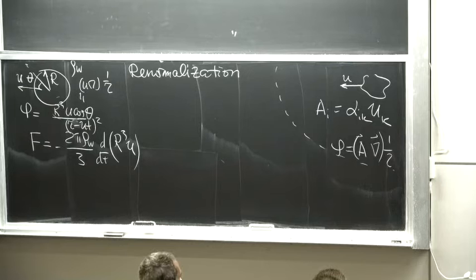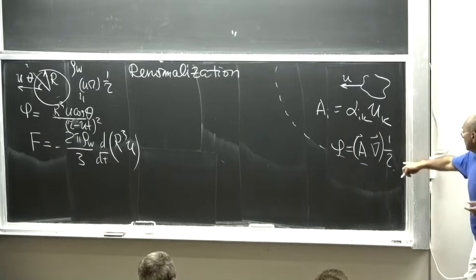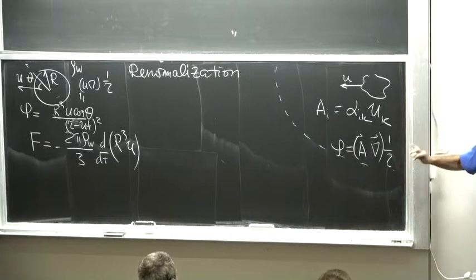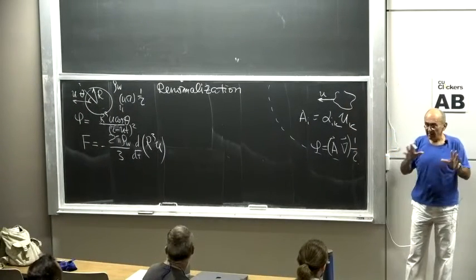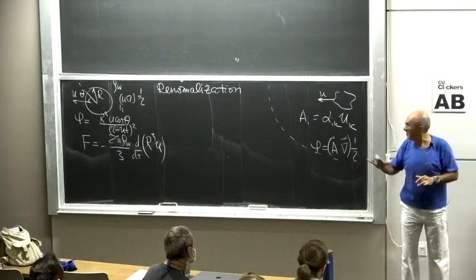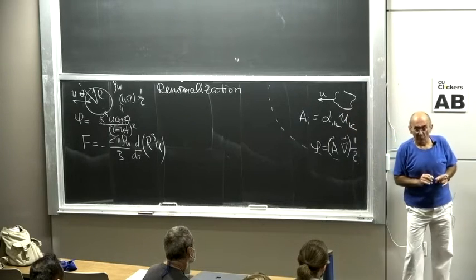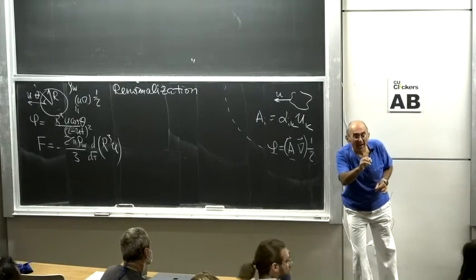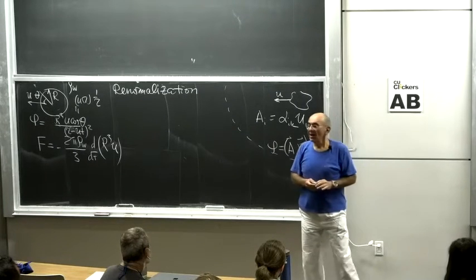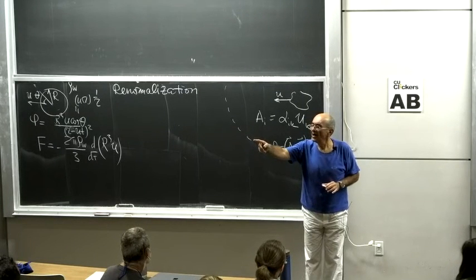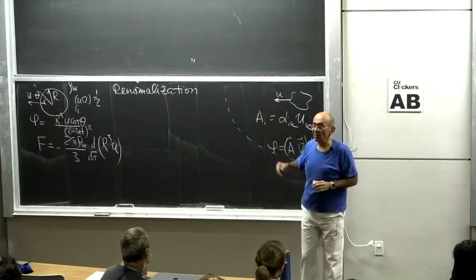Far away. Because I'm far away, I'm using the lowest multipole. But linearity has nothing to do with where I am. My velocity field is always linearly related to the velocity of the body. No, it's an arbitrary shape now.